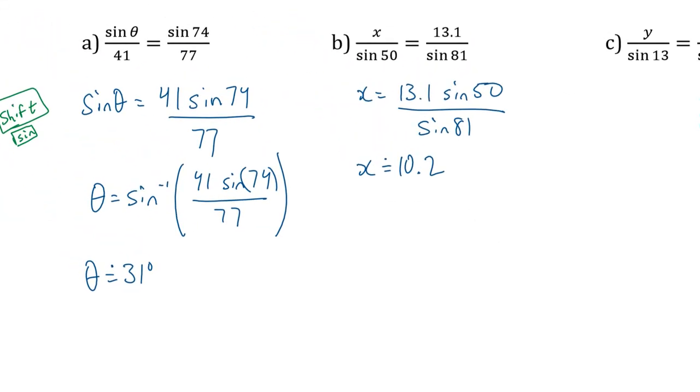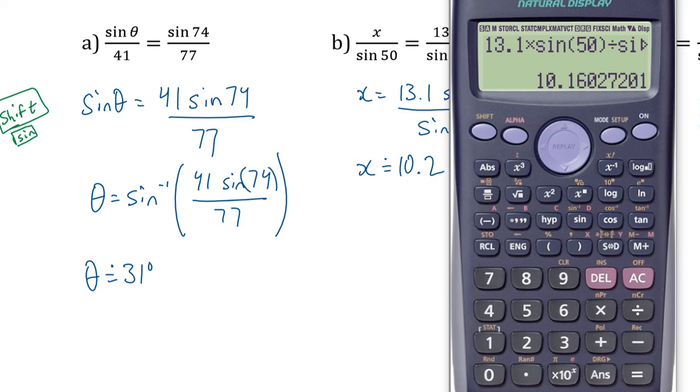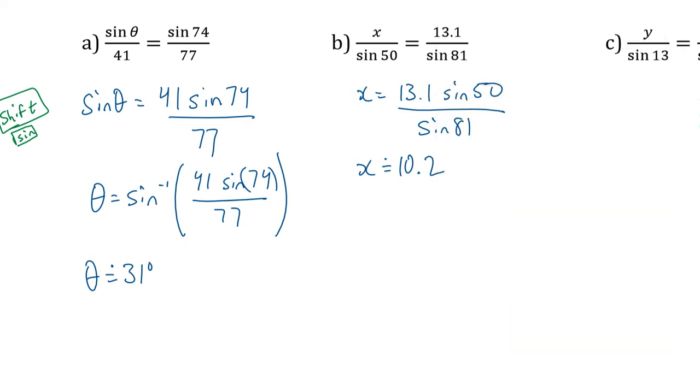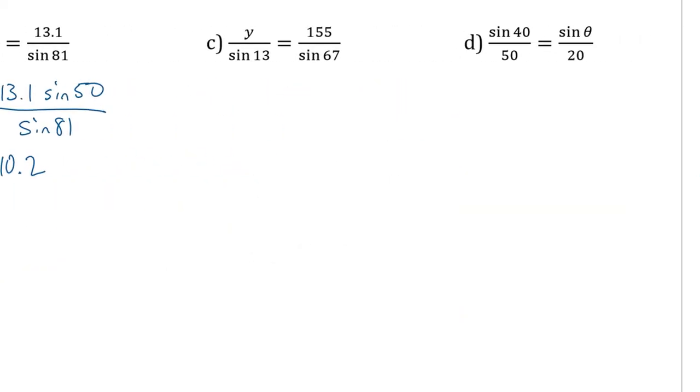But if you're not getting the same thing, you're going to have to go back and watch that again, or find somebody that can help you, or ask me if you get a chance. Okay. And I will walk you through it again, but I'm not going to walk through both calculators every single time. Okay. So it is up to you a little bit to figure out how to use your calculator. They are all a bit different. So you can pause now and try those on your own and make sure that you're getting the right answers.